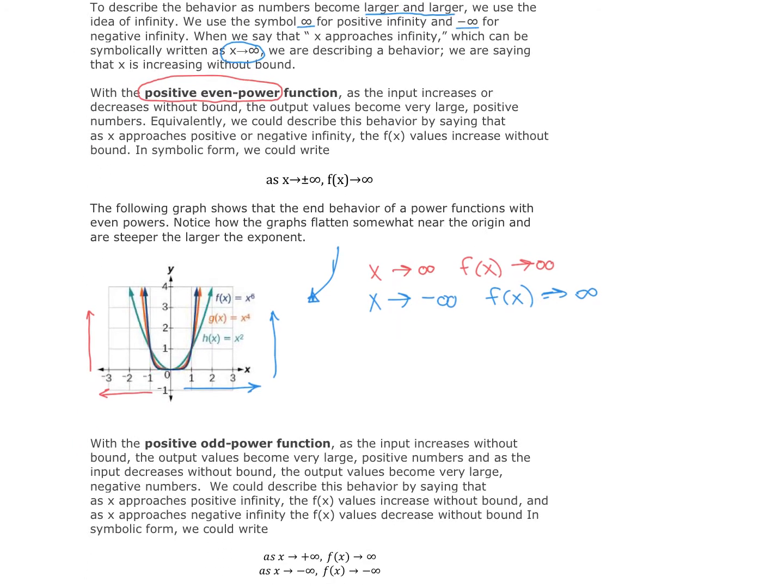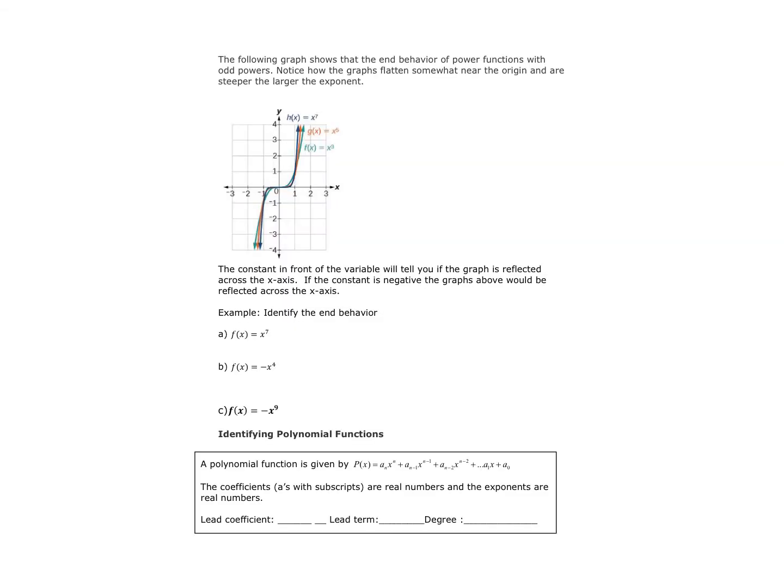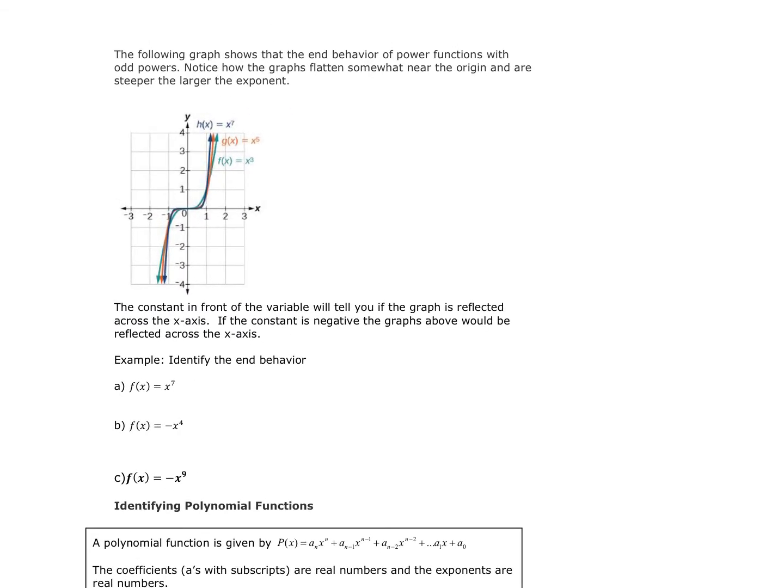For a positive odd power function, on the other hand, as x goes to infinity, the function goes to infinity, and as x goes to negative infinity, the function goes to negative infinity. So let's take a look at some of those. We have three different odd power functions here. Notice how the graph flattens out near the origin, and it's steeper the larger the exponent.